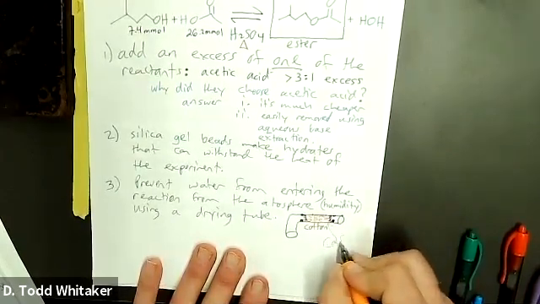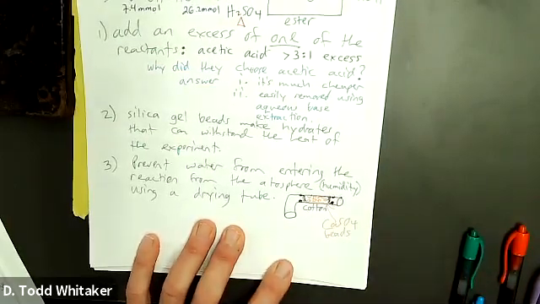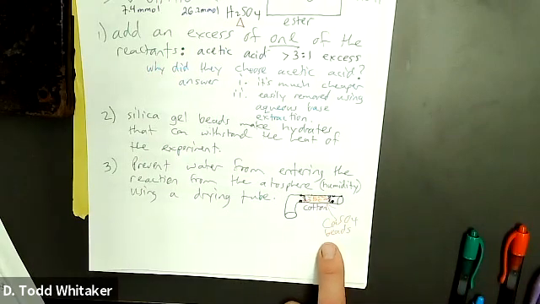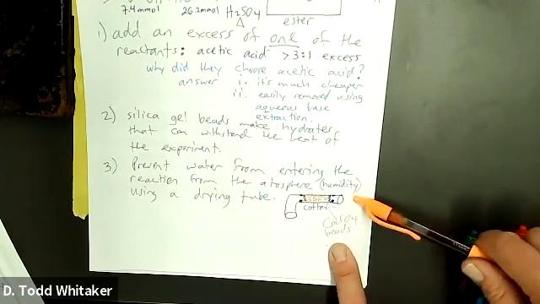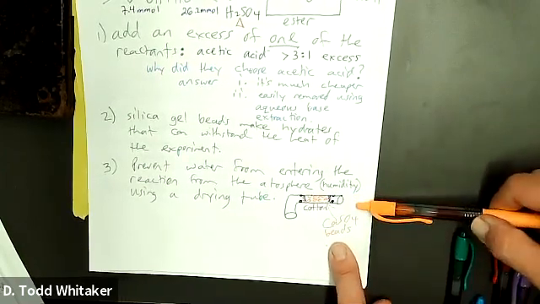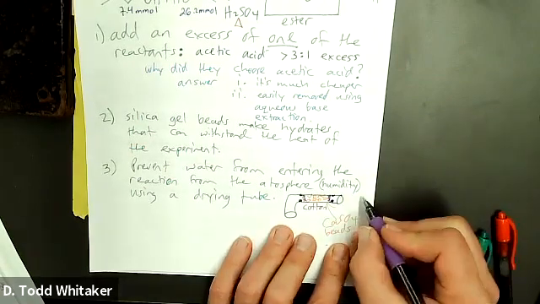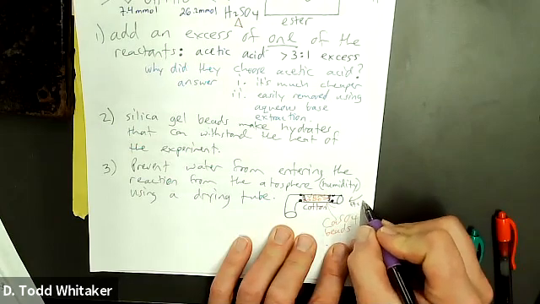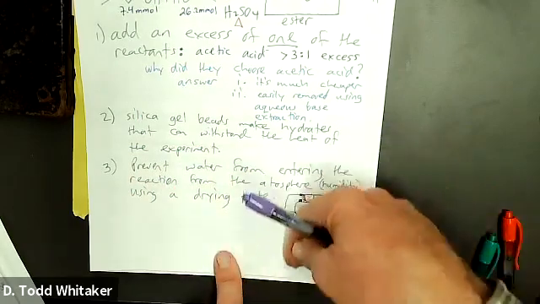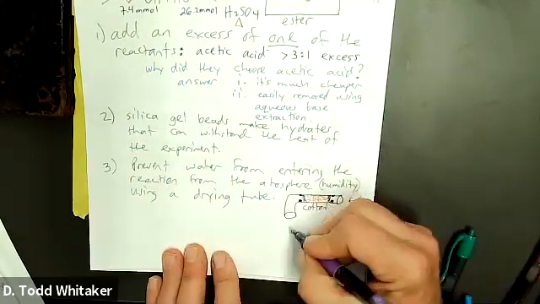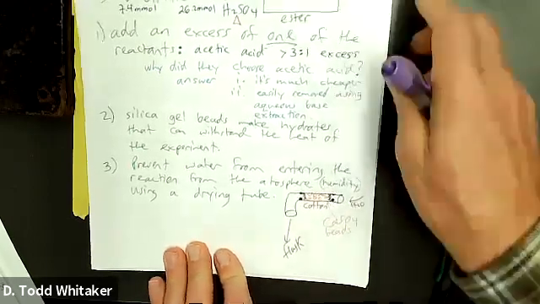And those are calcium sulfate beads. And they make a hydrate from water too. And this up here on top of the reaction doesn't get hot, so you don't have to worry about the water leaving. So if H2O enters from the air, it gets trapped in the calcium sulfate beads, and it won't enter your flask. Your reaction flask is down there.